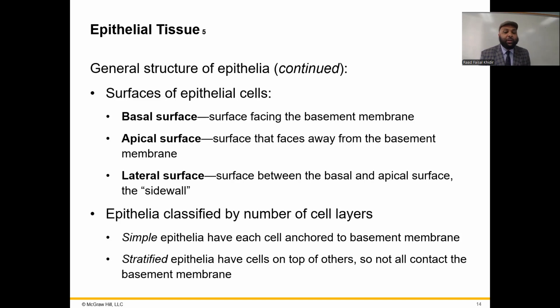Epithelia are classified by number of cell layers. Simple epithelia have each cell anchored to the basement membrane, while stratified epithelia have cells on top of others, so they do not all contact the basement membrane.